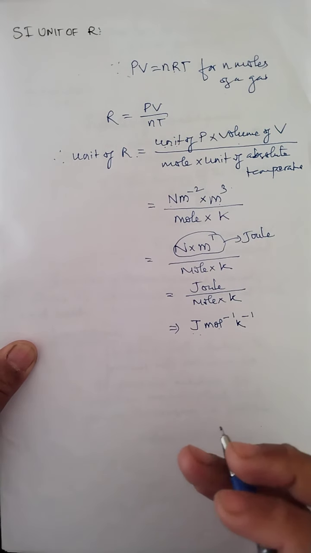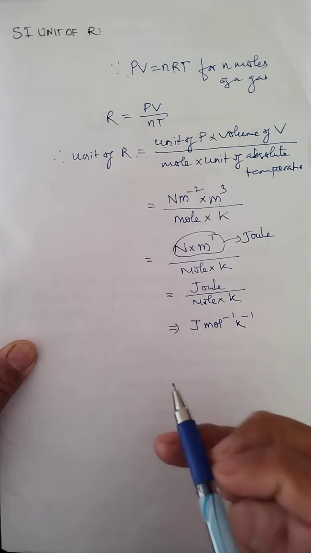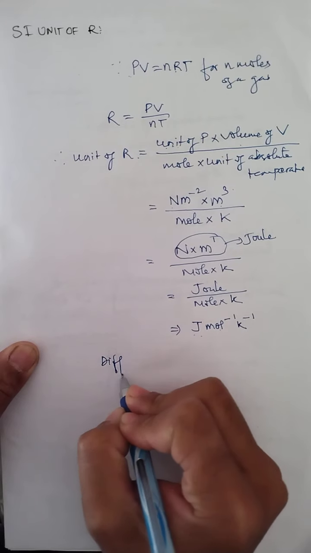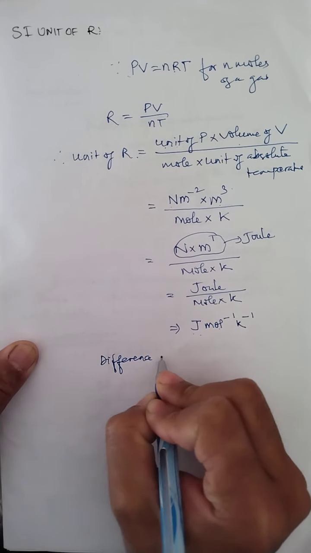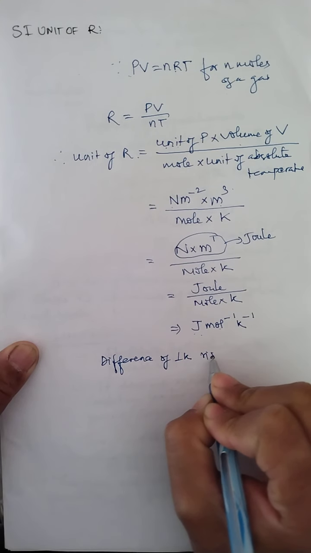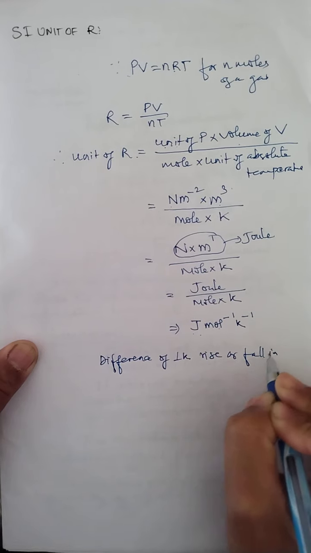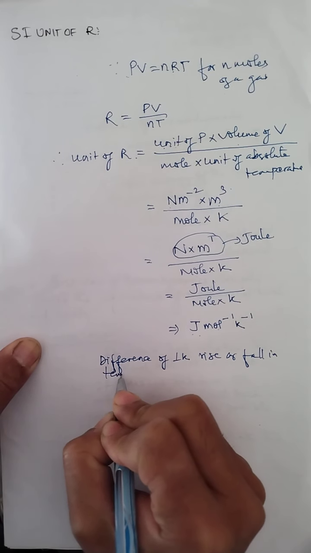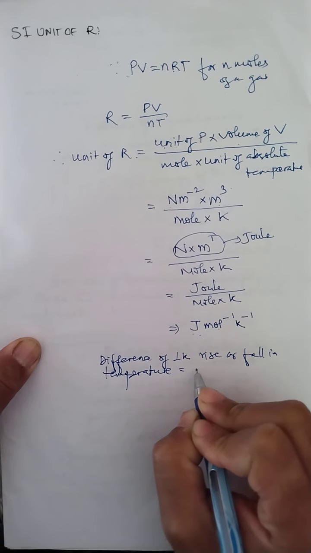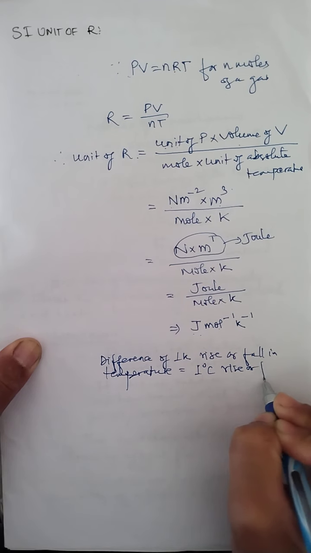But one thing I want to tell you: when there is a change in temperature, when the temperature rises or falls, a difference of 1 Kelvin rise or fall in temperature is always equal to a 1 degree Celsius rise or fall in temperature.